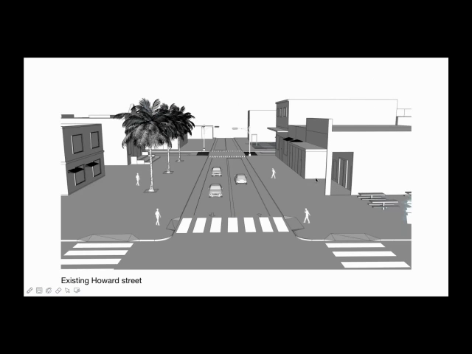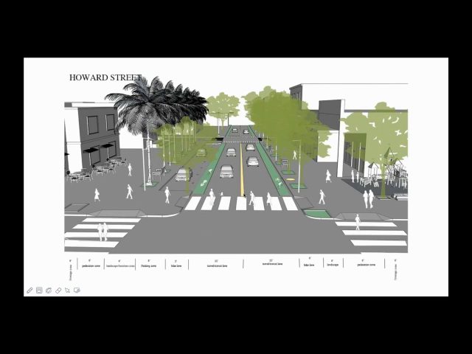This is the existing Howard Street. We can see the existing street also lacks function, street function, and the after view.